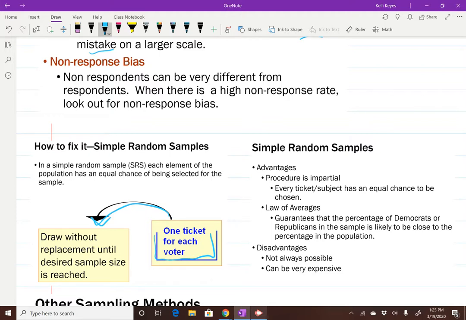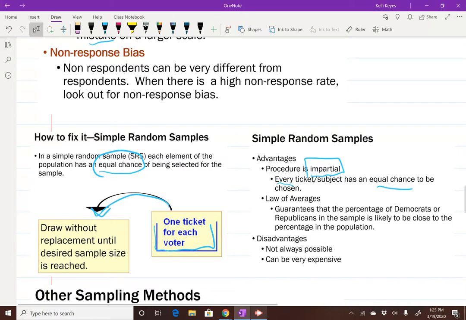And everyone has an equal chance of being selected. That's the important thing. So the advantage to this is that it's fair, right? You're not having any human error, like choosing who you want to survey. And everyone, like I said, has an equal chance of being selected or chosen.